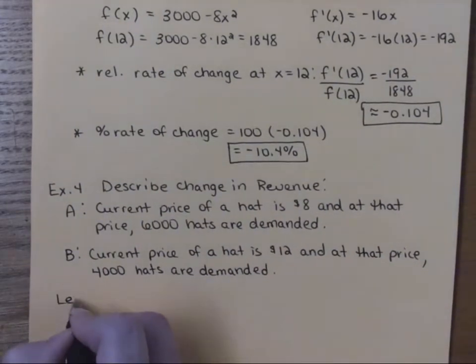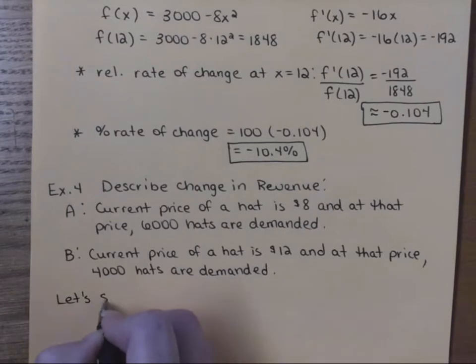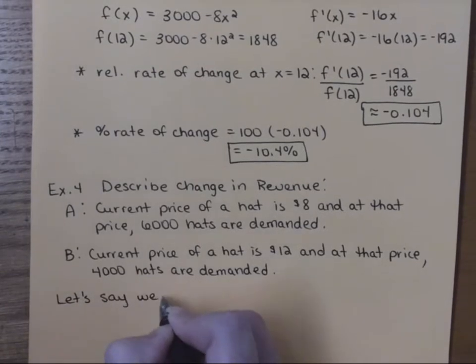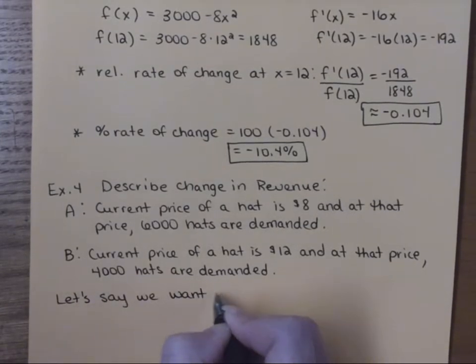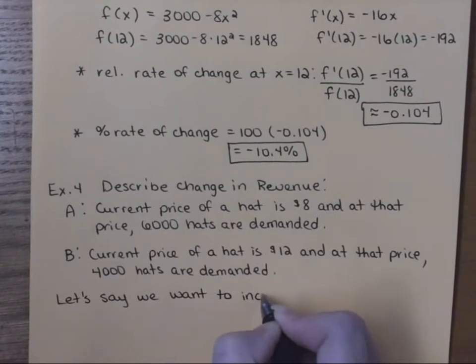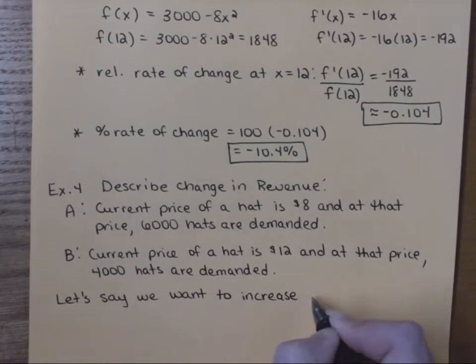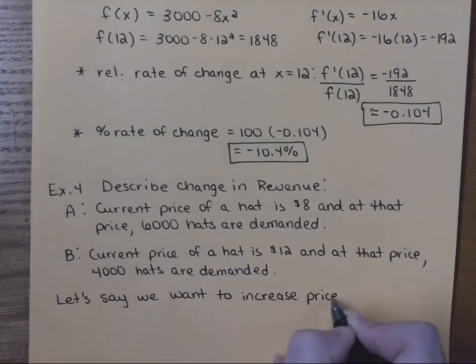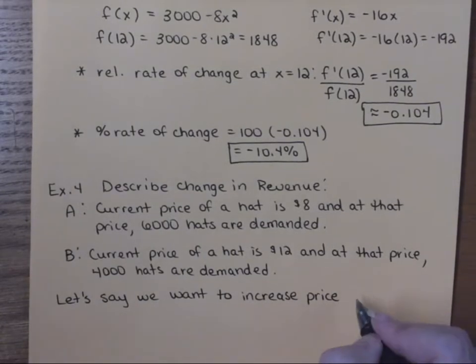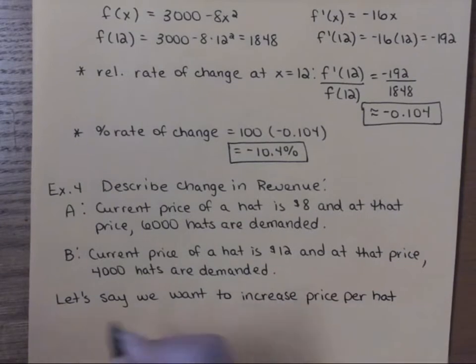So taking these two scenarios into account, let's say that we, on the production side or on the sales side, are trying to decide, do we want to increase the price per hat by $1?